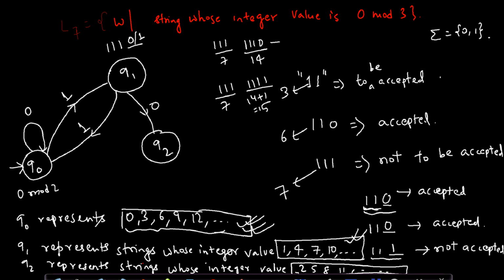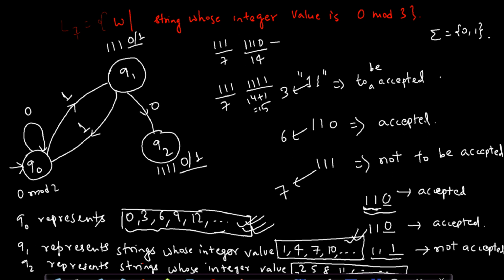What about moves for Q2? Q2 represents those binary strings whose decimal value is 2 or 5 or 8 or 11 or 14 or 17, and so on. Let's say it was 1111, which is 14. Now when you are at Q2, the next symbol may be 0 or 1.